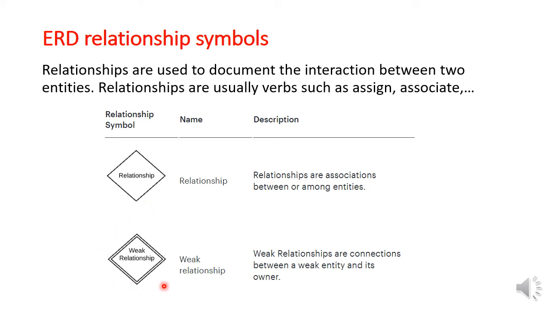On the second figure, we have a set of two diamonds or rhombuses, which is used to represent a weak relationship. Weak relationships are a connection between a weak entity and its owner.